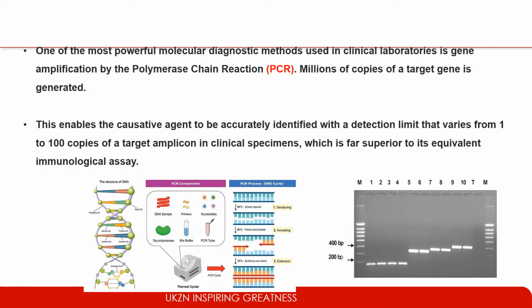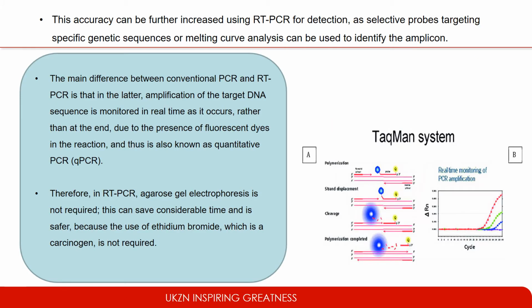PCR has enabled researchers to identify the causative agent that has been associated with a variety of different diseases, with a detection limit that varies from 1 to 100 copies of a target amplicon, which is far superior to its equivalent immunological assays. So even a low concentration of DNA, and even DNA that is not of a very high quality or purity, can start amplification reactions.